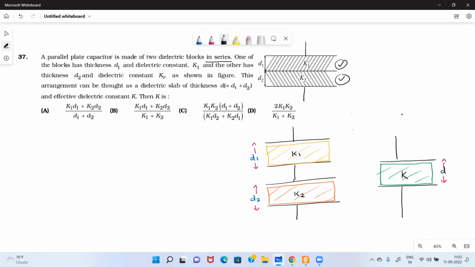Are you able to understand the question? Now, what will be the formula for capacitance in this case? If you have a dielectric K fully filling it, what is the formula? Epsilon naught A by D, with K. So just make a note of that first. Okay, this is going to be the formula, correct?